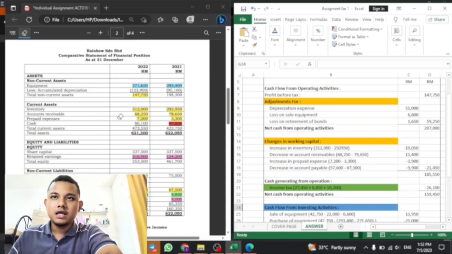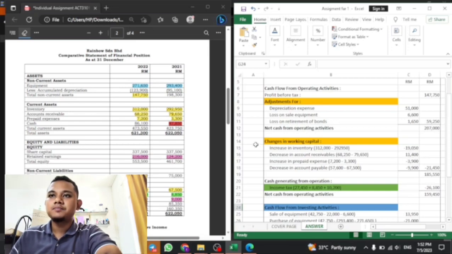Next, the decrease in account receivable. The amount for the year 2022 is RM68,250, and for the year 2021 it is 79,650, and I subtract these two amounts and I get RM11,400.